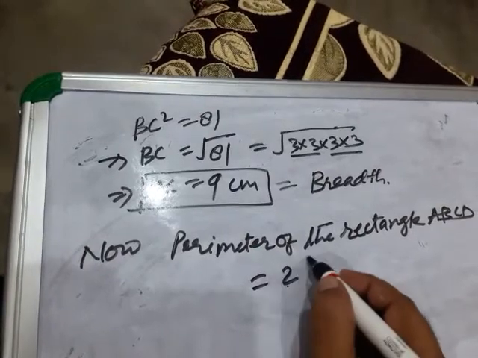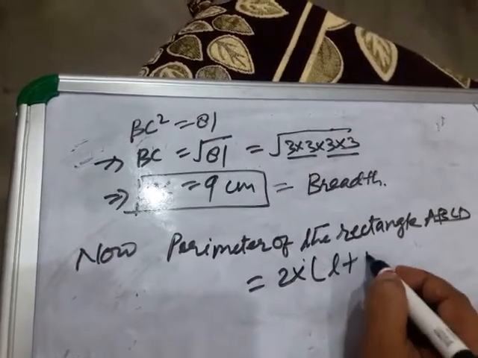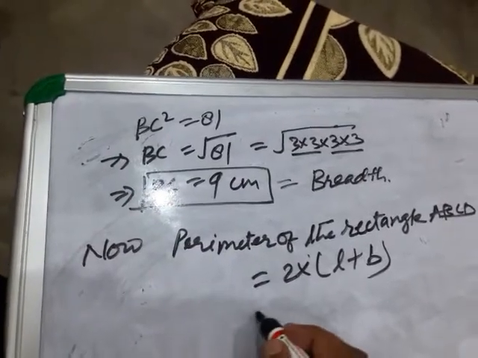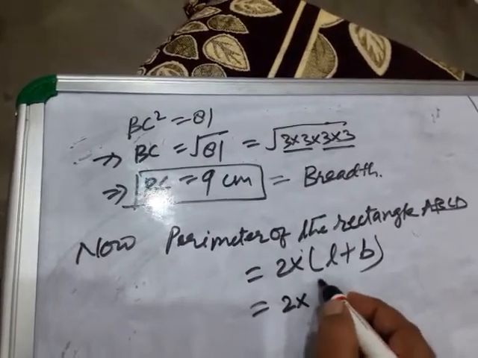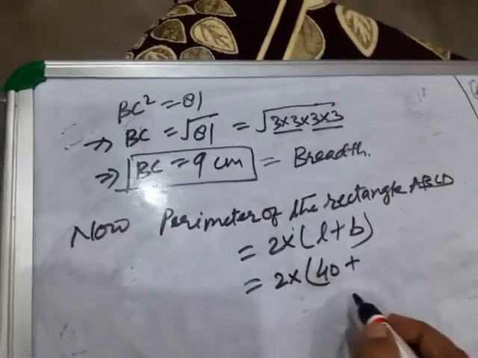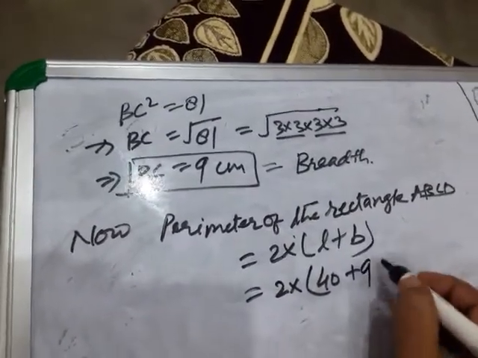equal to 2 into length plus breadth. Okay, children, 2 into length plus breadth, that is 2 into, the length is given to be 40 centimeters plus breadth 9 centimeters.